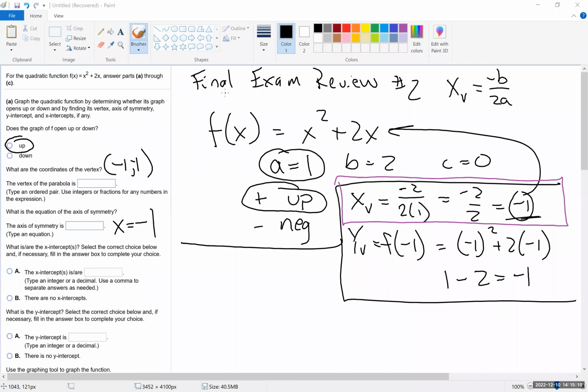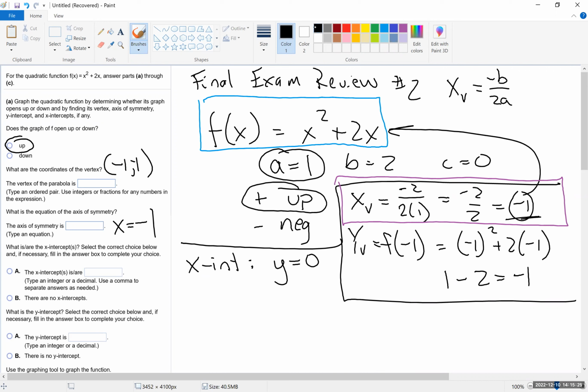All right, so now we're going to find the x-intercepts, and x-intercepts happen when y equals 0. So we have our function up here, and I know things are getting a little bit messy and my organization isn't always the best, but there's our function. We're plugging in 0 for f of x. So 0 equals x squared plus 2x.